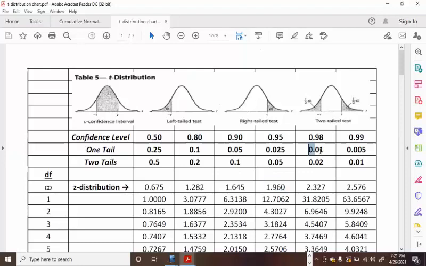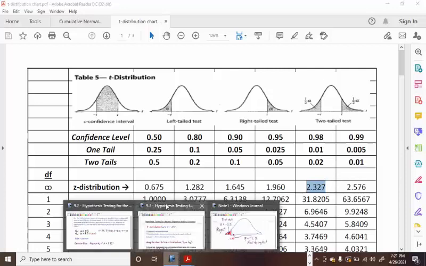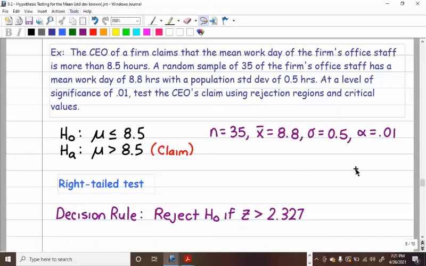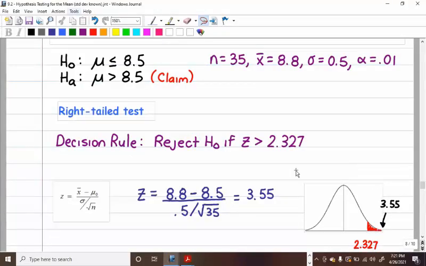Right-tailed is one-tailed, just like left-tailed is one-tailed. 0.01, yeah, we already did this one. That's okay. 2.327. So we're going to reject H0 if the test statistic z is greater than 2.327.